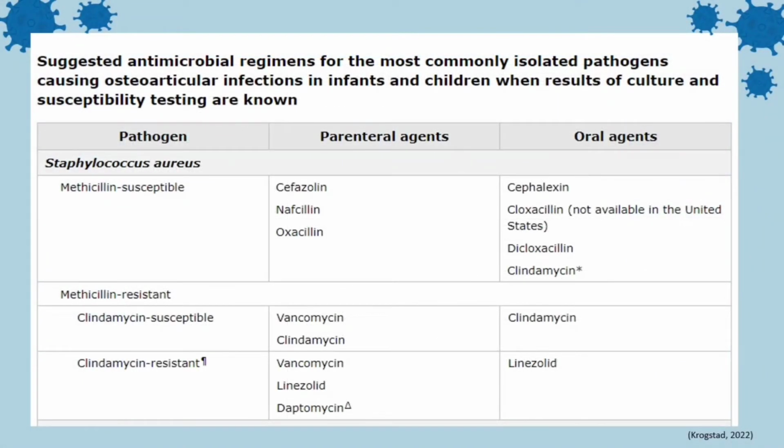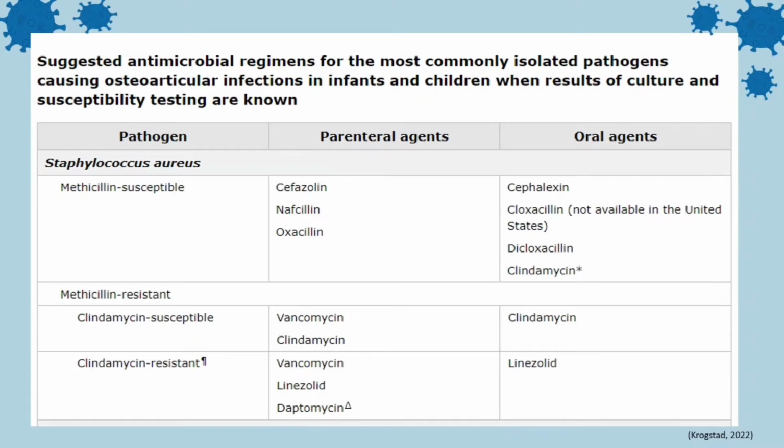Suggested antimicrobial regimen for the most commonly isolated pathogens causing osteoarticular infections in infants and children when results of culture and susceptibility testing are known. Below is the table for the confirmed culture of pathogens with their respective parenteral agents and oral agents. For S. aureus, parenteral agents include cefazolin, nafcillin, oxacillin, and for the oral agents, cephalexin, cloxacillin, dicloxacillin, and clindamycin.